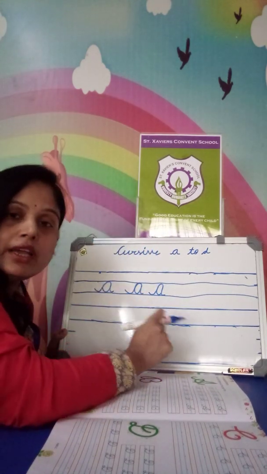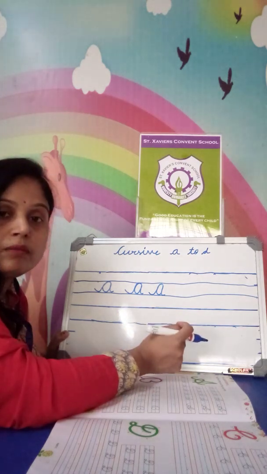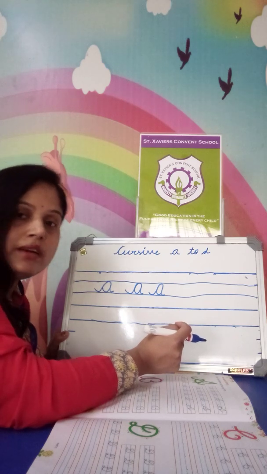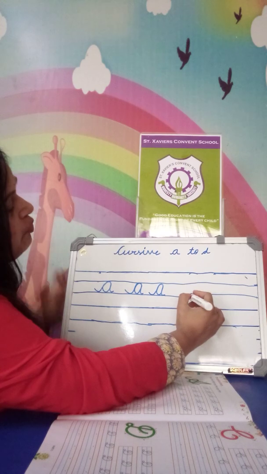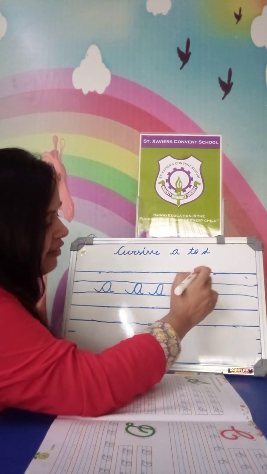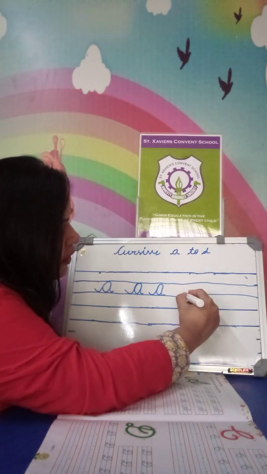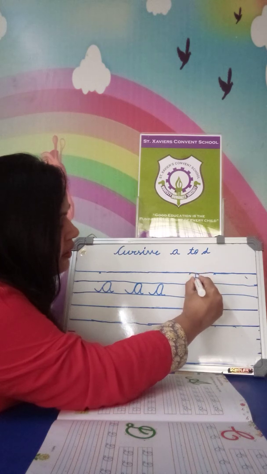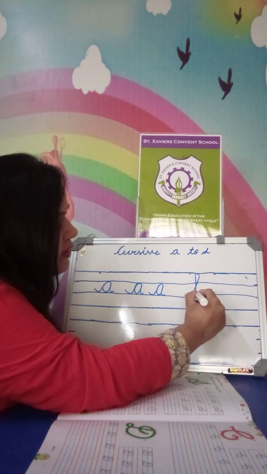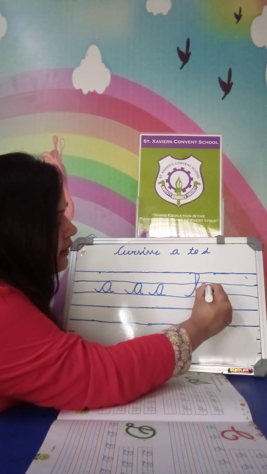After small a, which letter? B. So again we start with the green line. Skyline, leave it. Plain line, leave it. Green line. Now look here. Start with turn and straight line, curve, turn like this.